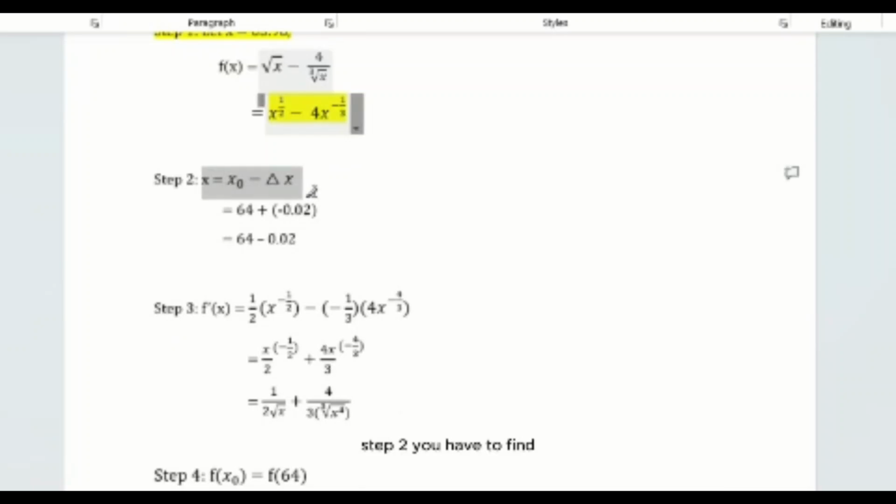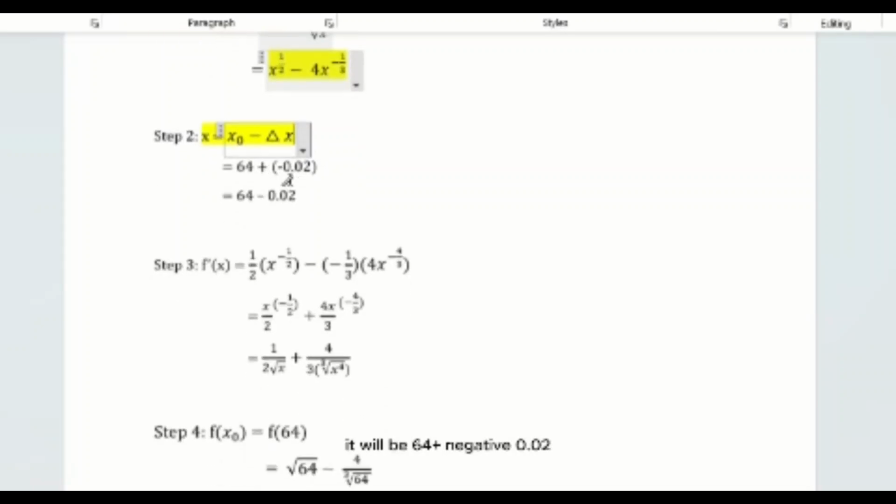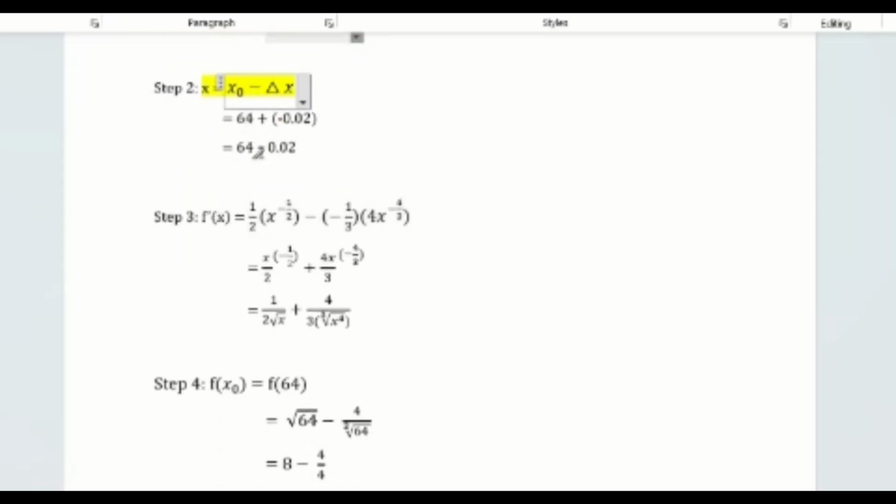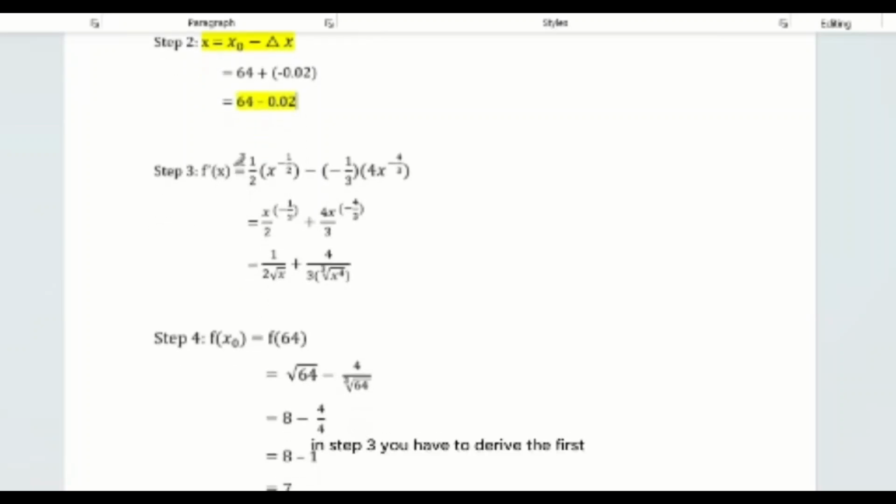Step 2, we find the numbers used to get x, which is x0, the original x, plus the change in x. Therefore, it will be 64 plus negative 0.02. In step 3, we differentiate the second equation, which becomes 1 over 2 x to the power negative 1 over 2 plus 4 over 3 x to the power negative 4 over 3.